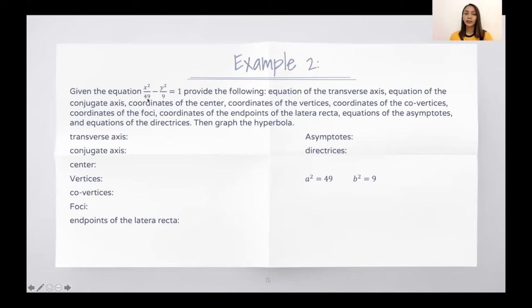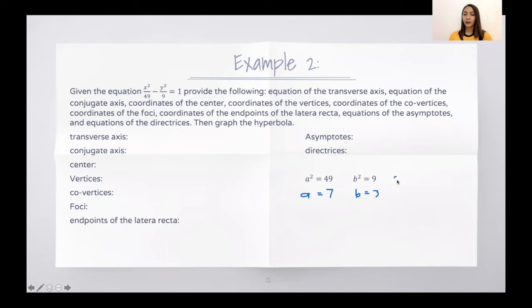So we all know that a squared is equal to 49 and b squared is equal to 9. So let us first compute the value of a, b, and c. So a is equal to, okay, same procedure, just get the square root. So square root of 49 is 7 and square root of 9 is 3.